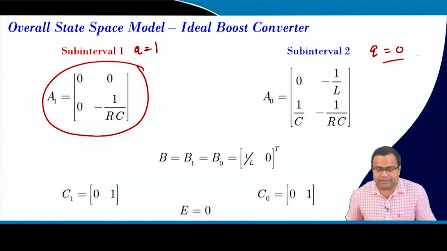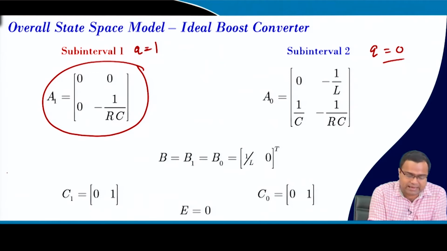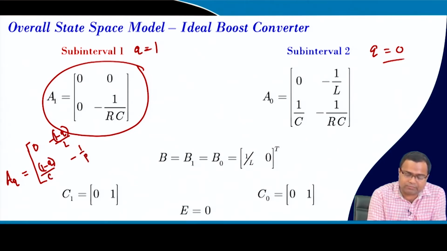That means, if we try to write A_Q, what is A_Q? So, A_Q in this case is, if you see these two matrices, first term is 0, second term is (1 minus Q)/L, then (1 minus Q)/C and minus 1/RC.